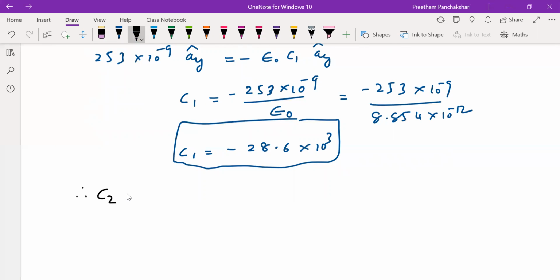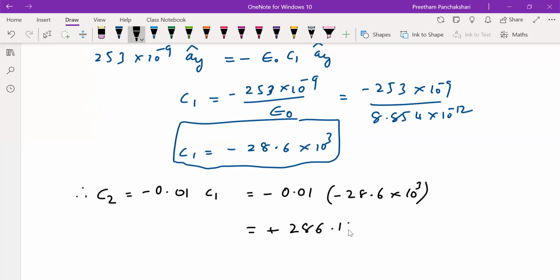Therefore, C2 is equal to minus 0.01 C1, that is minus 0.01 times minus 28.6 kilo, becomes plus 286.14.